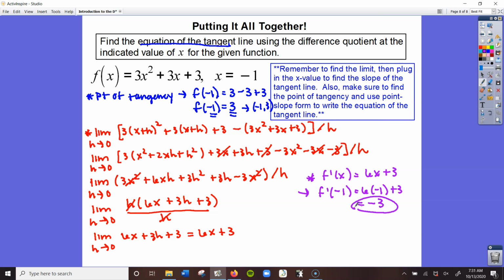So now that I have my slope, I have the point, I am ready to write the equation of the tangent line. And my equation would be y minus the y value, which is 3, is equal to the slope, so -3, times x, and then minus -1 will be plus 1. And this would be the equation of my tangent line. And that's the introduction to derivative and how to find the equations of your tangent lines.